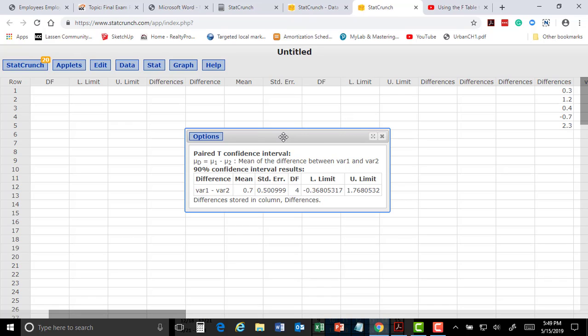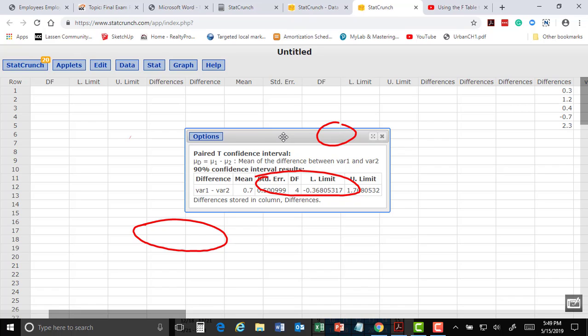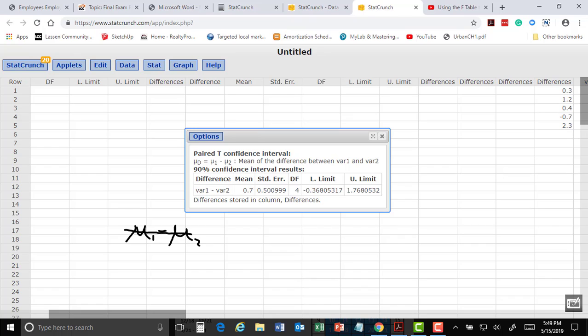Now, if you want to do it by hand, there is an equation. If you recall, we wanted a confidence interval for the difference of the two. Okay, and then we have to put that between what we use, right?